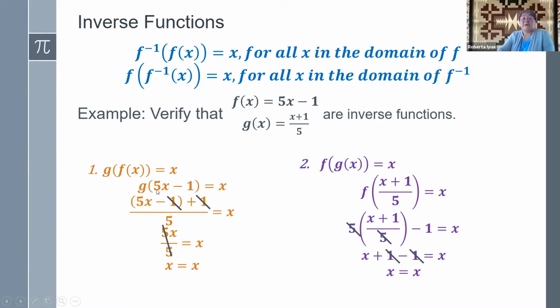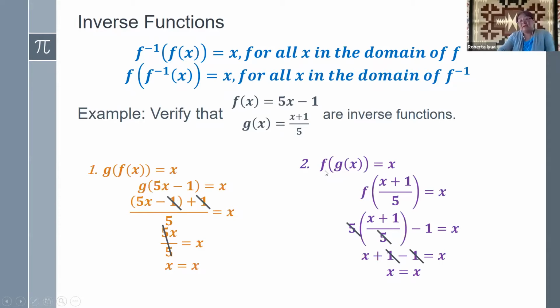So 5x minus 1 goes in for x in x minus 1 over 5. As you can see, the negative one and positive one cancel each other out, and we get 5x over 5 equals x. The 5s cancel, and x equals x, I'm sorry.